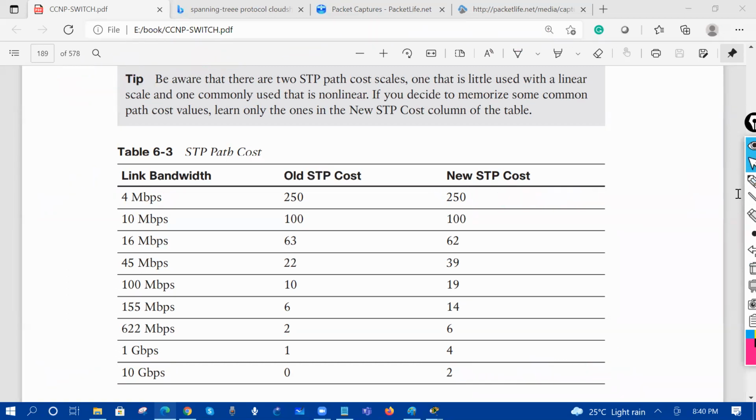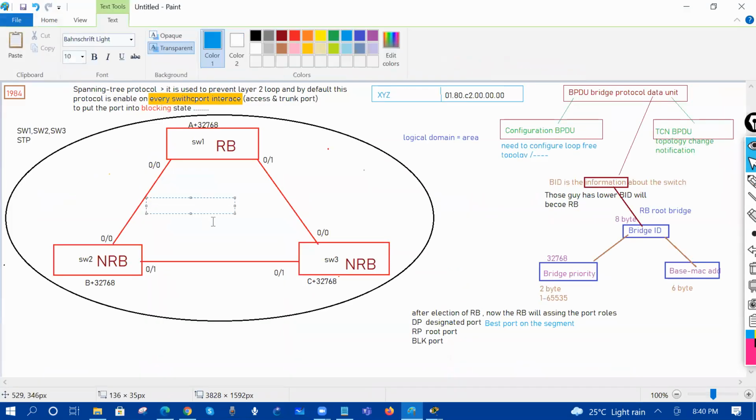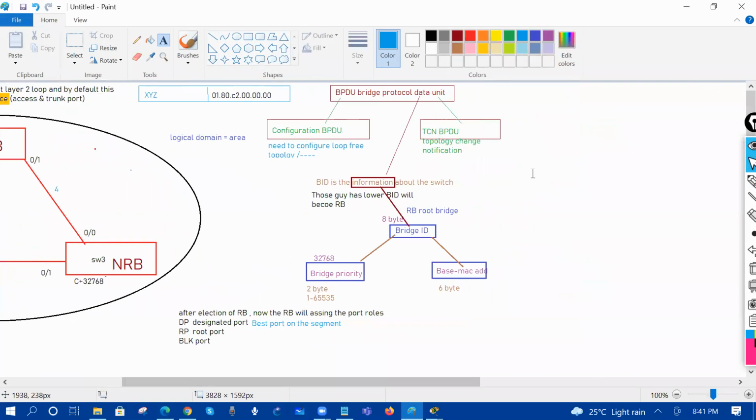So I'm assuming I have a 1 gig link, which has a cost of 4. So I'm going to assign the cost of 4 over there. The cost 4 and the cost 4. One more thing: we have two kinds of cost.